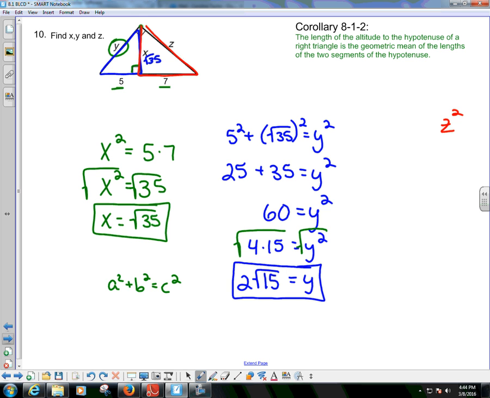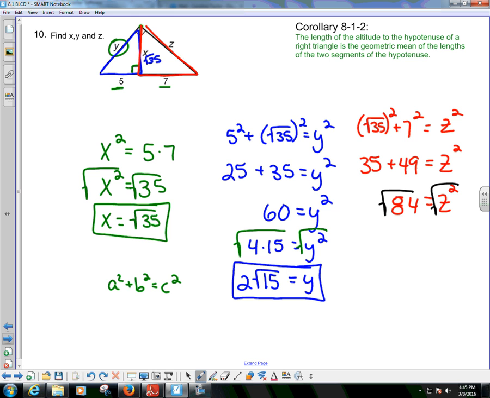So I'm going to say that the square root of 35 squared plus 7 squared gives me z squared. All right, z squared. The square root of 35 squared is 35. 7 squared is 49. And I end up with z squared equals 84. All right, I need to take the square root of both sides. The square root of z squared is z.